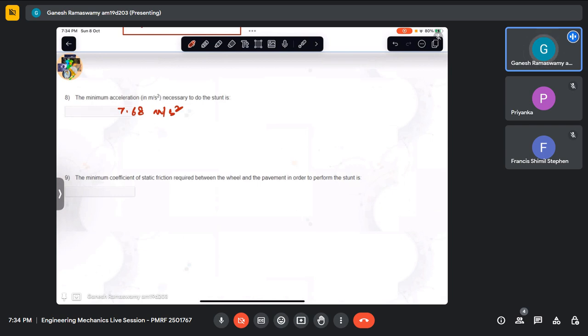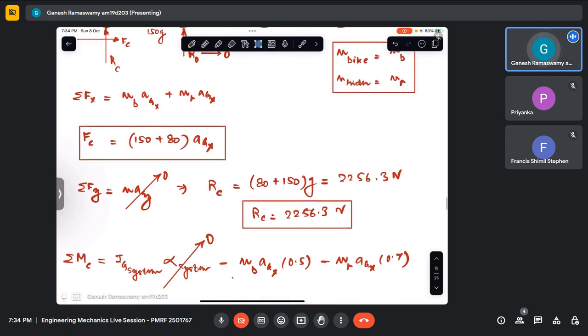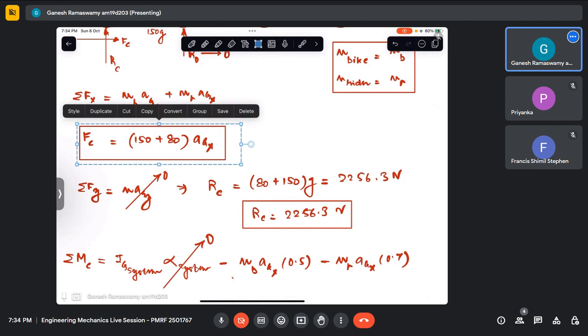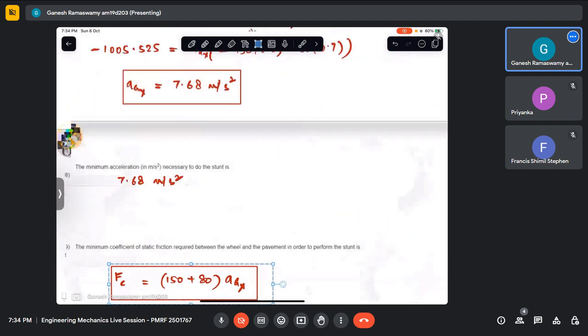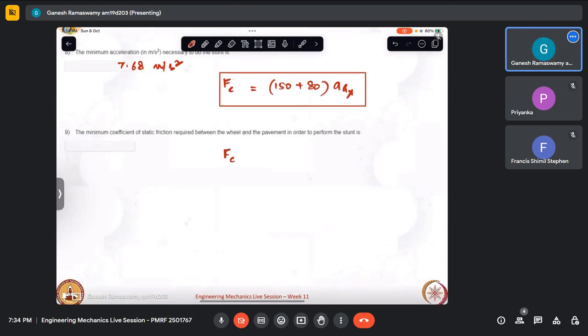So we have got this reaction. We have one more equation over here. If we know this, then we can find out what Fc is, which is nothing but 230 into this 7.68.